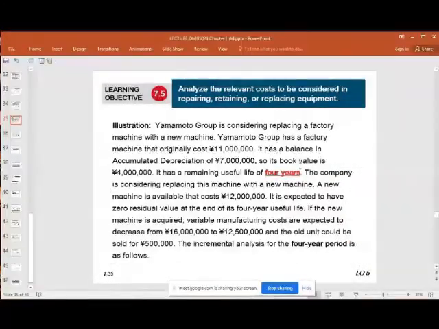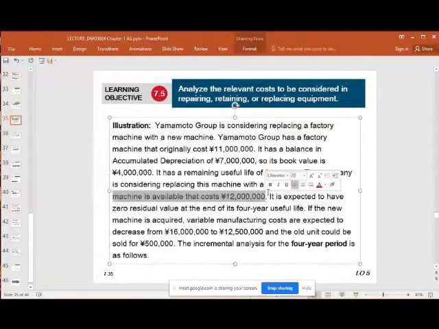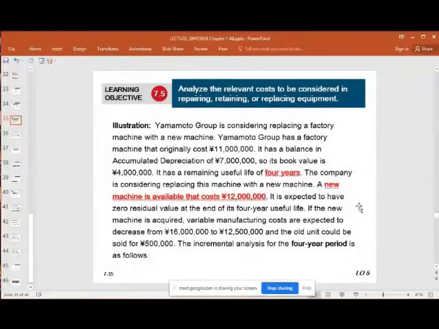4 years. So the company is considering to replace this machine with a new machine, and the new machine is available at 12 million. Okay, this is a new machine cost. This is also important. New machine cost. It is expected to have 0 residual value. Residual value means your salvage value.